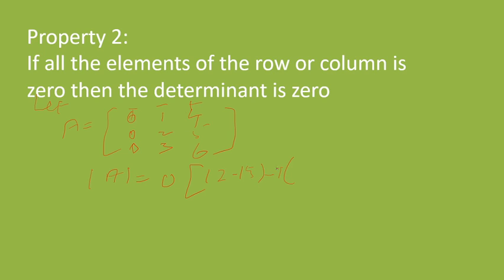Minus 1 into the second one, closing this row and column, I get 0 minus 0. Then the third one, 4 into, closing row and column again, 0 minus 0. So you will finally get the determinant 0. So what does that mean? If all the elements of a row or column are 0, then the determinant is also 0.